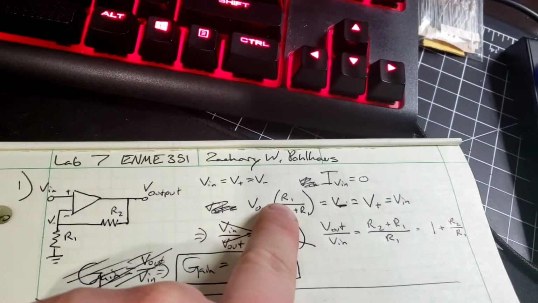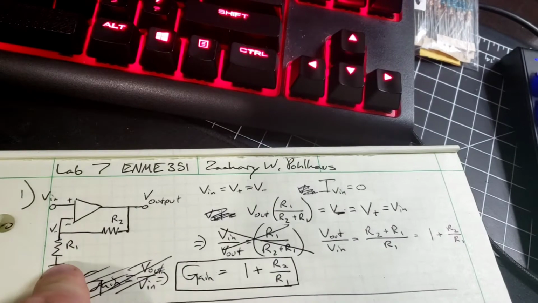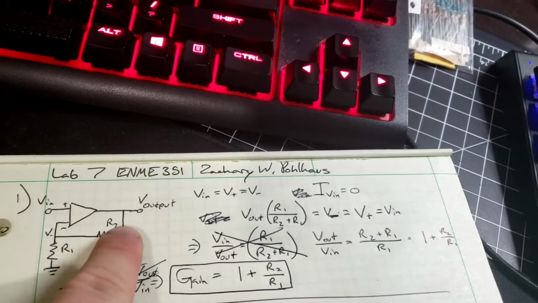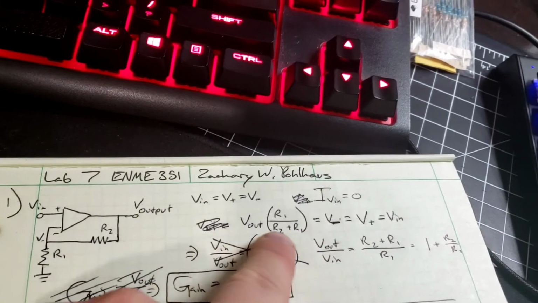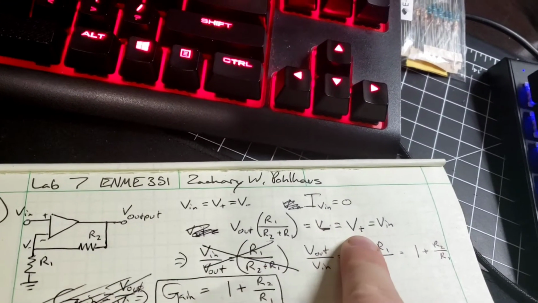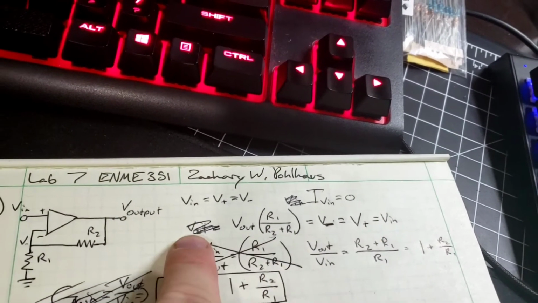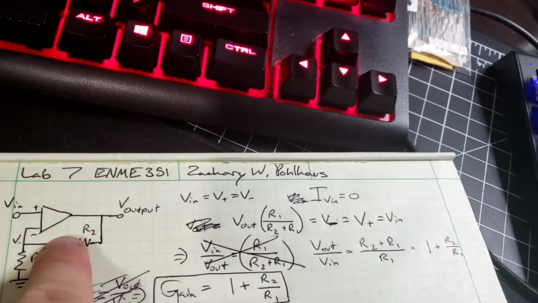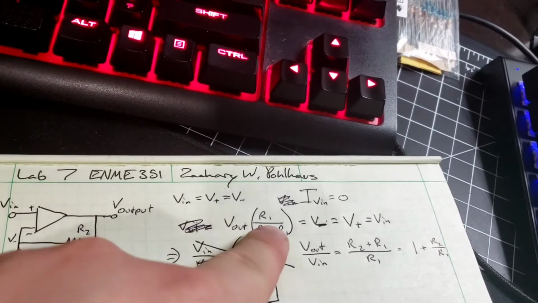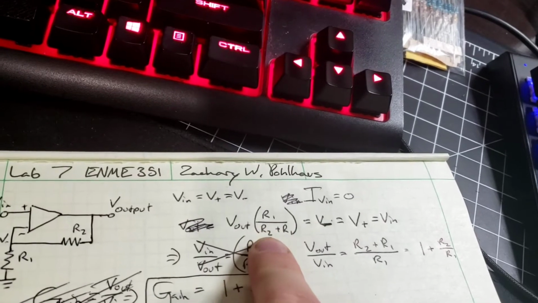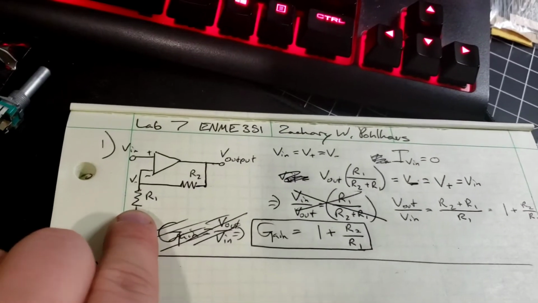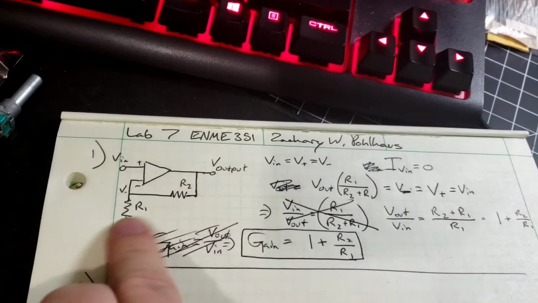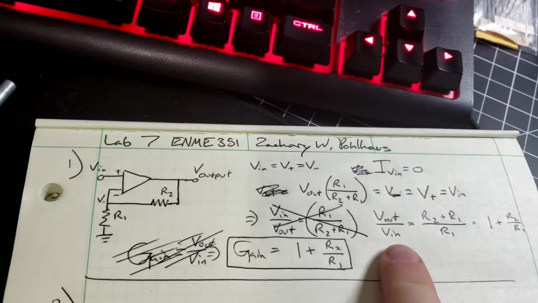As this is basically a voltage divider, V in equals V negative, which is equal to V positive, and V in is equal to the voltage divider of V out times R1 over R2 plus R1. So the resistance it has to go through divided by the entire resistance.